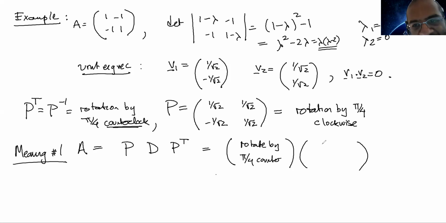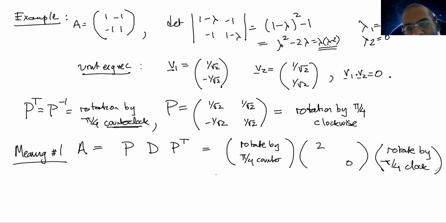And then this is just scaling, so 2, 0, and then rotate by pi over 4 clockwise. So I can write A as rotation, scaling of the coordinates, and then the inverse rotation. Let's just visualize it on two vectors, E1 and E2.